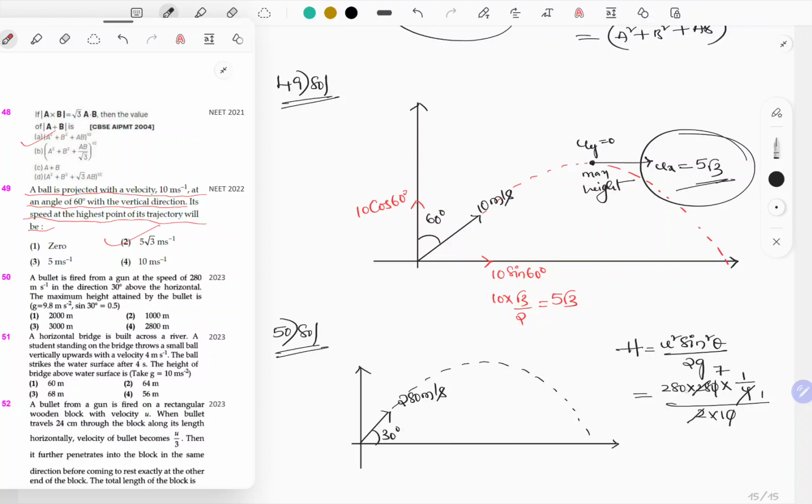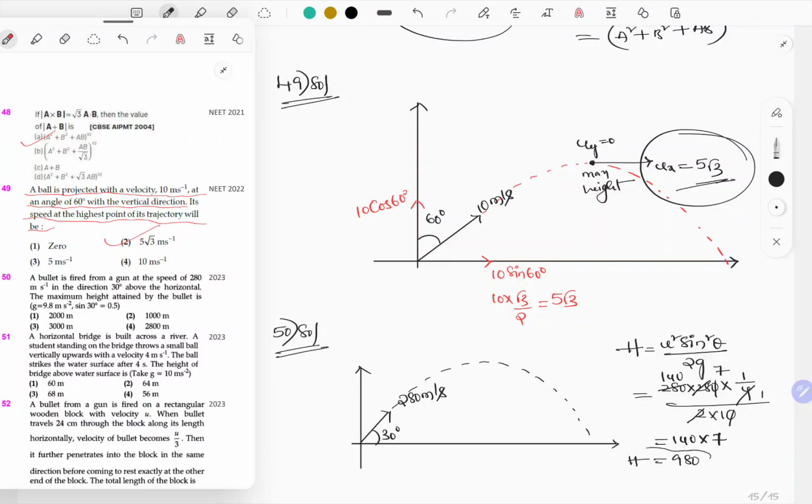Then you can write 1 ones are 1, 140. So 140 into 7 is going to be 980.